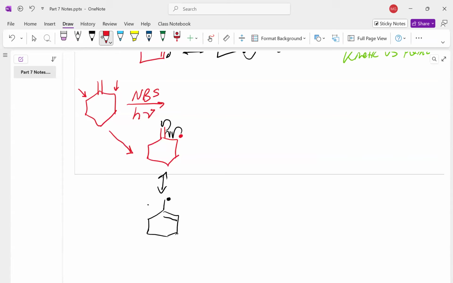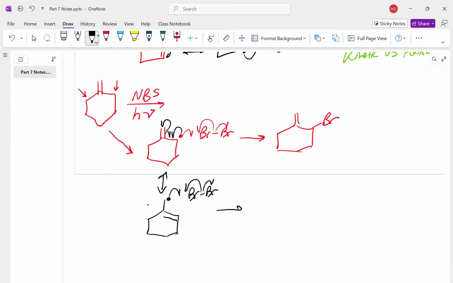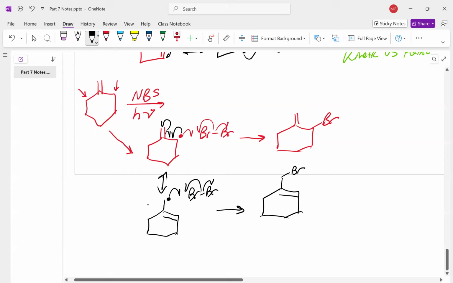We'll react each of them with bromine. So this one will react with one of the bromines, and that's where we would expect it to go. That's the allylic position. But this one down here, we got to this radical through resonance, and that gives us a different product.